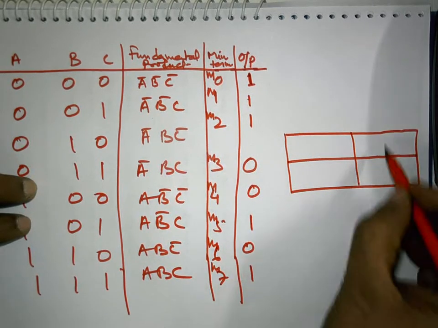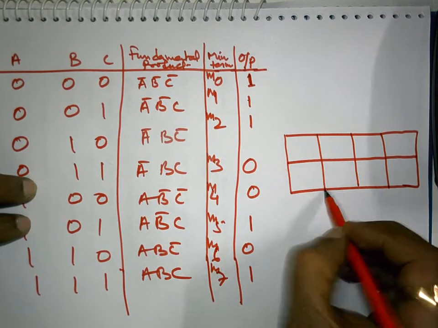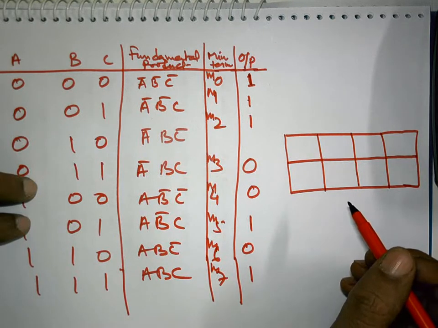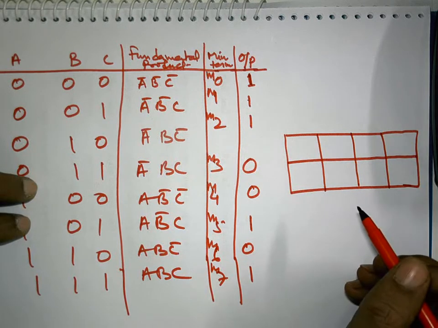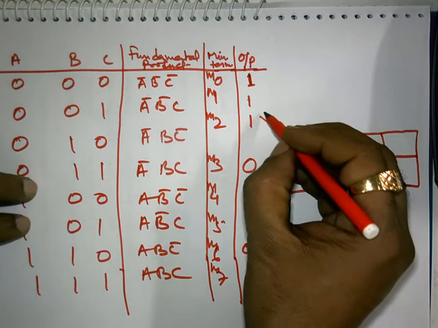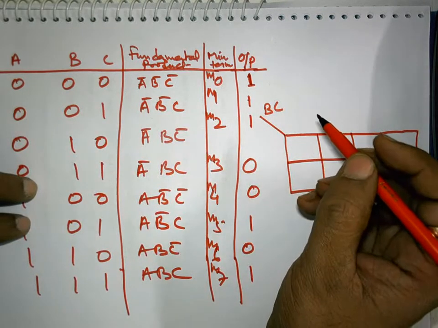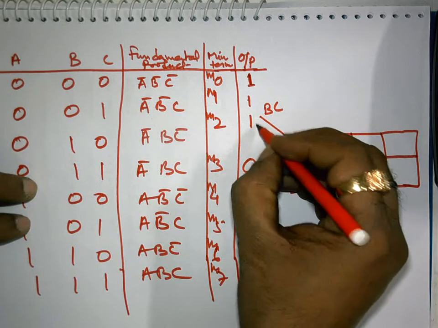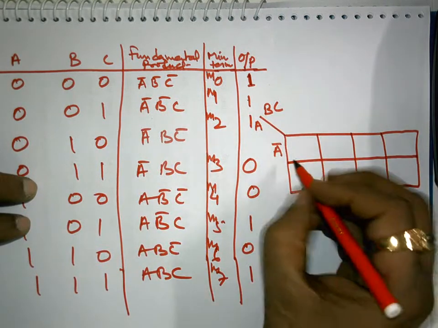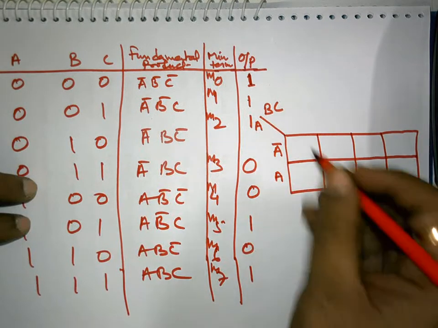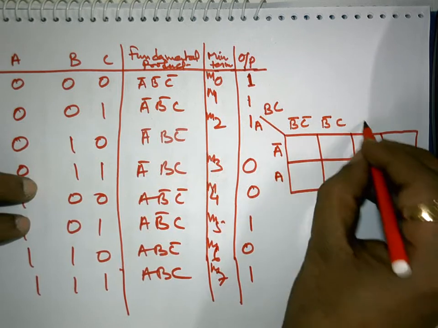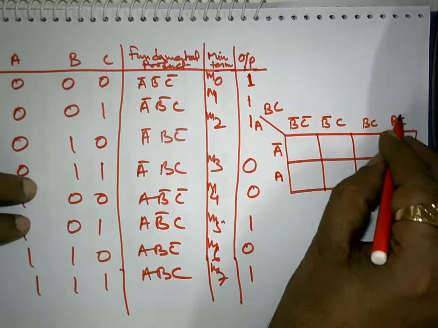Now you can take two variables on the column side and one variable on the row side, or the reverse of it, two variables on the row side and one variable on the column side. So I am taking simply two variables at the column side to vary, and those are B, C, and one variable, that is A, at the row side. So the possibilities of A are A bar and A. Possibilities of B C are B bar C bar, B bar C, B C and B C bar.